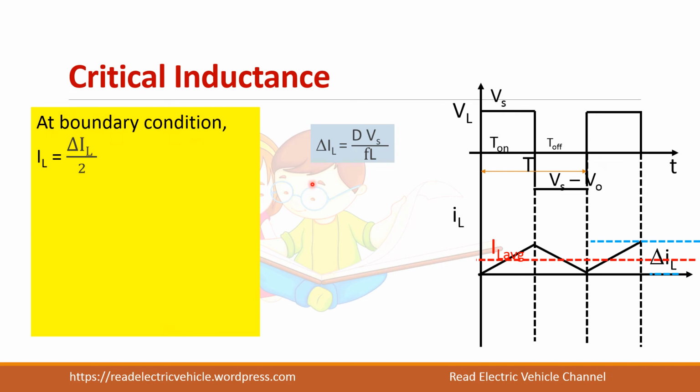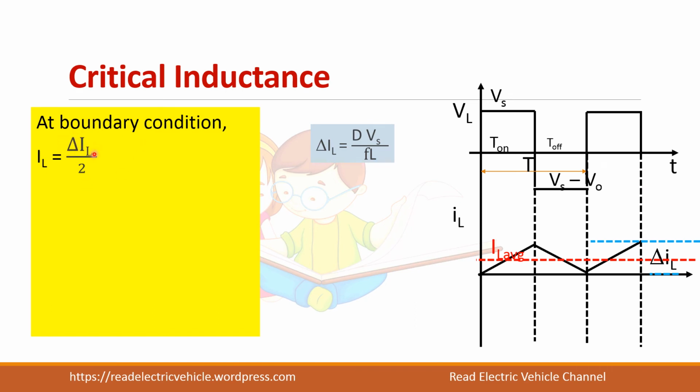So at the boundary condition, this is the inductor current, and the average value, IL average, will be equal to del IL by 2. So the total ripple is del IL, and half of that is the average. So I write IL is equal to del IL by 2.